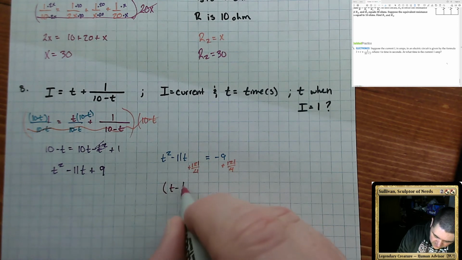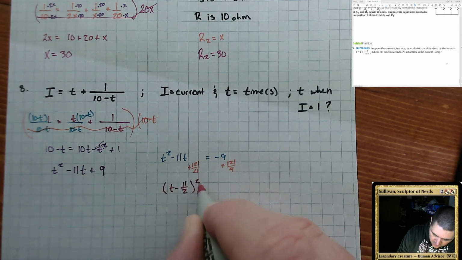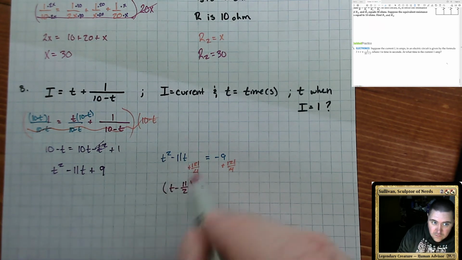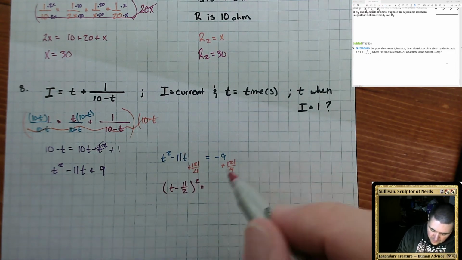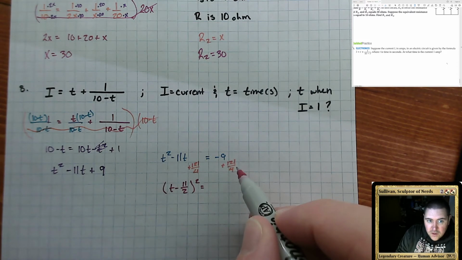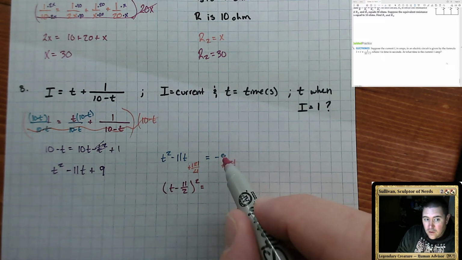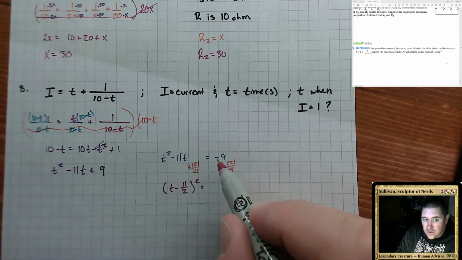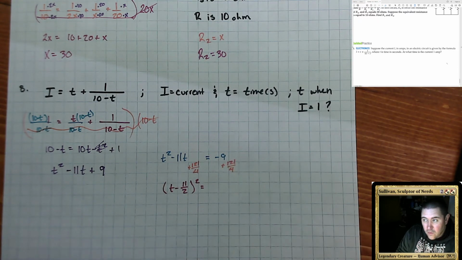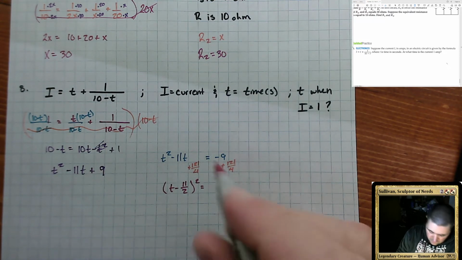T minus 11 halves, because it's always b over 2, is how I take a perfect square trinomial down to a binomial squared. Negative 9 plus 121/4. Take this times 4 over 4. This is a negative 36/4 plus 121/4 is 85/4.